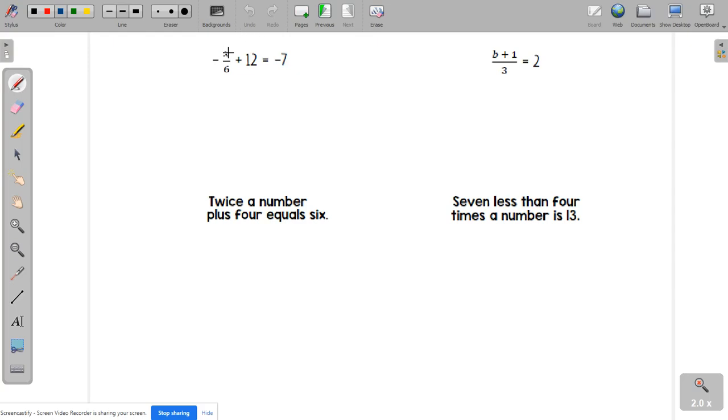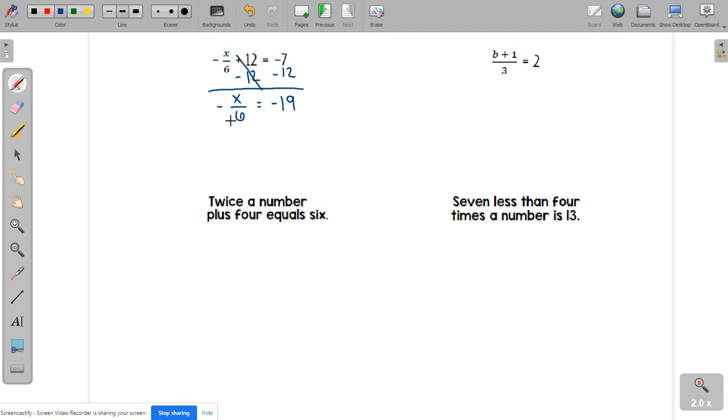We have a negative x over 6 plus 12 equals negative 7. We have to get rid of our loose number. Our loose number is 12 here. So we do the opposite and subtract 12 from both sides. Cancels out, so we're left with negative x over 6 equaling negative 7 minus 12, negative 19.